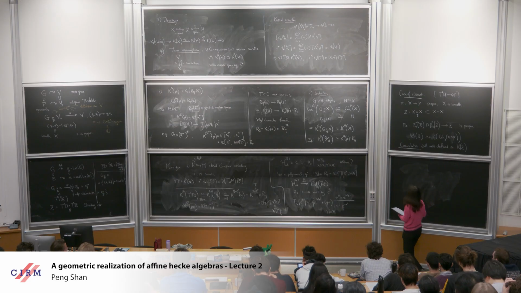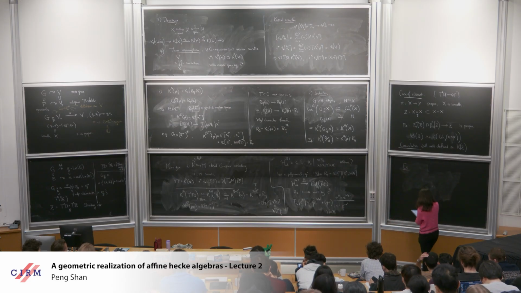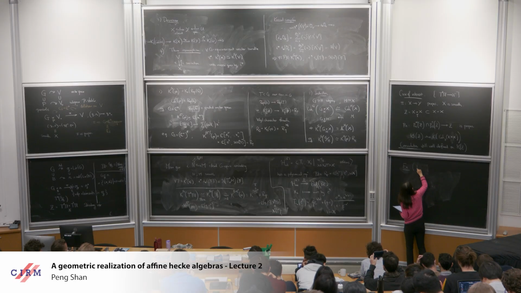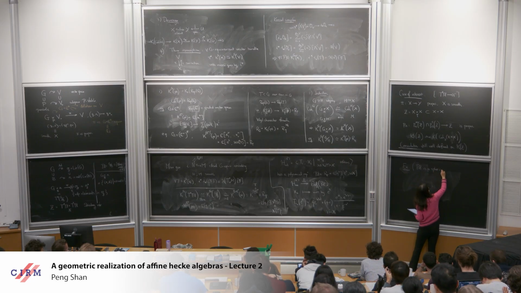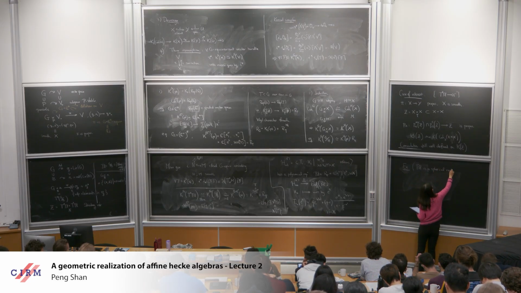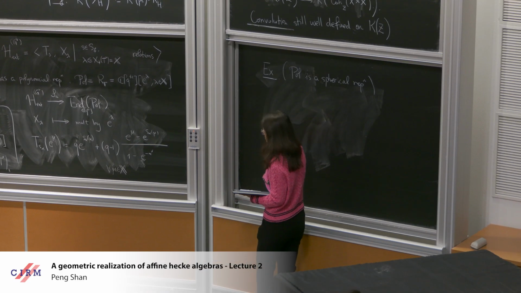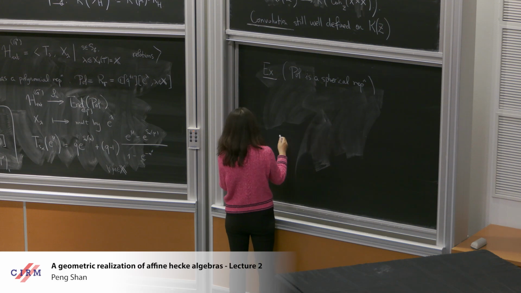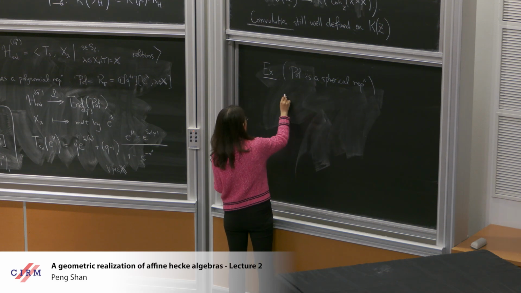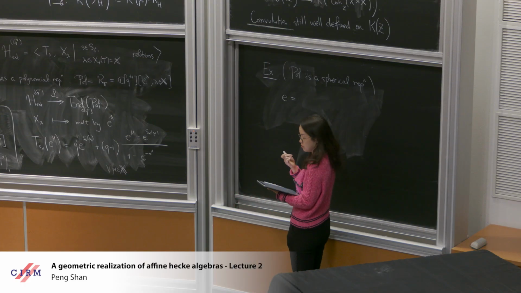There's an interesting exercise. I'll still write it down because I think this is kind of important. So the point of this exercise is to show the polynomial representation is a spherical representation. So we remember that the finite Hecke algebra is a deformation of the group algebra for the finite Weyl group. So in particular, you can consider the analog of the idempotent for the trivial representation.